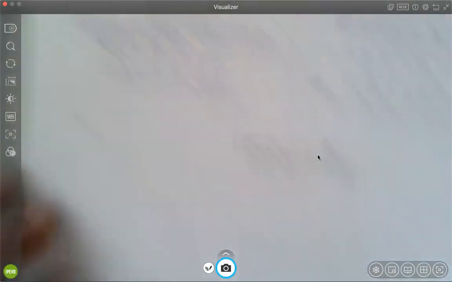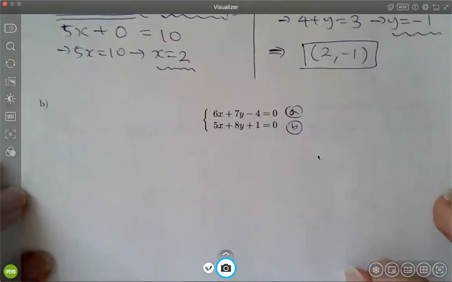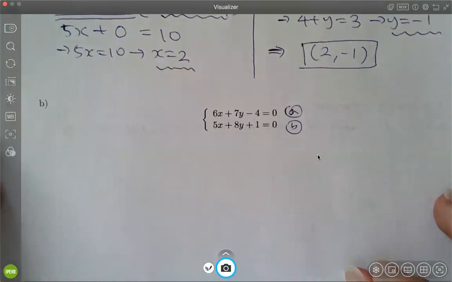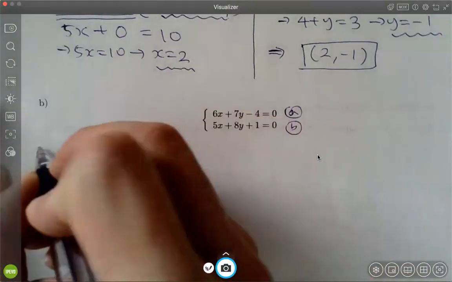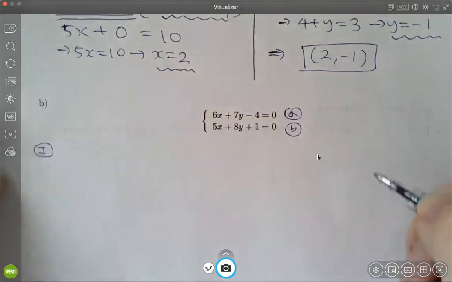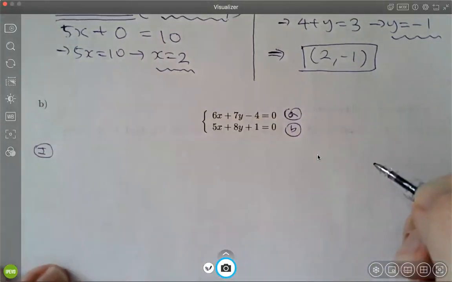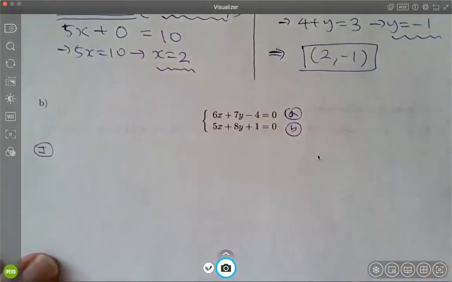Now, how do you multiply A and or B? By which number or numbers? So how can you achieve opposite coefficients for X or Y?